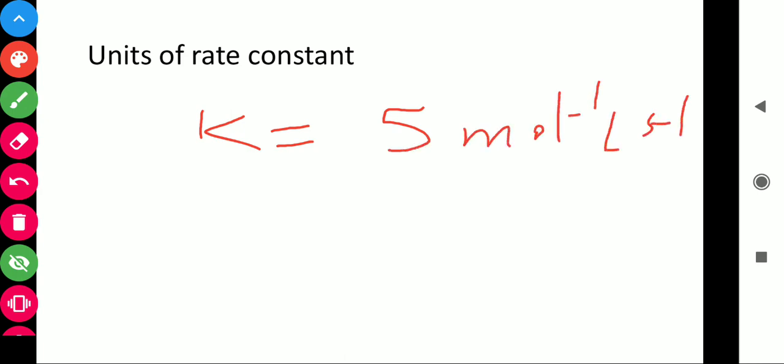One more example here, K is equal to 5 mole inverse, liter second inverse. We can say by looking only at the unit that this is for second order, and this reaction is of second order.